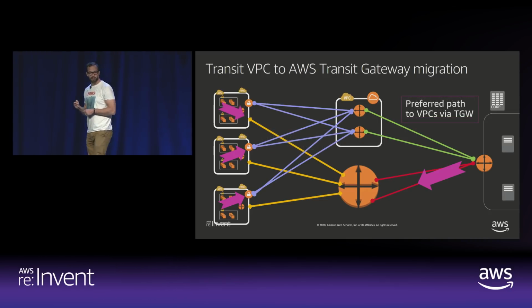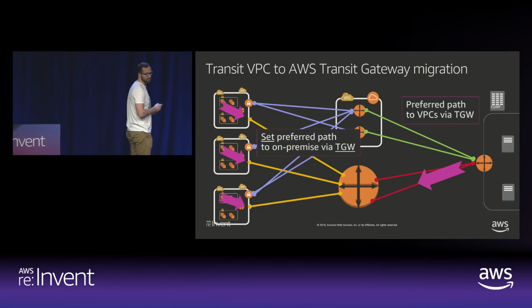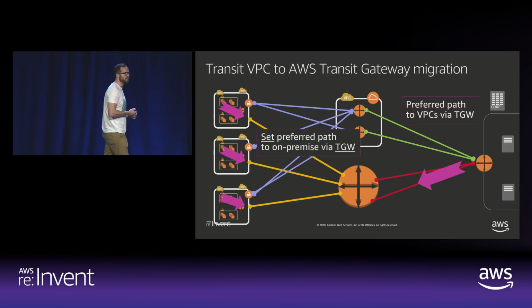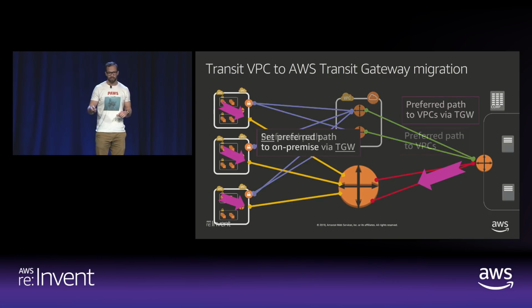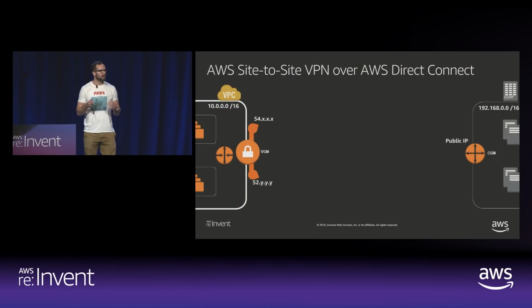And then slowly start changing the routing table inside each VPC to point from the VGW to the TGW. You do that in all your VPCs, and if everything is working as expected, you can scrap the transit VPC. Happy days.